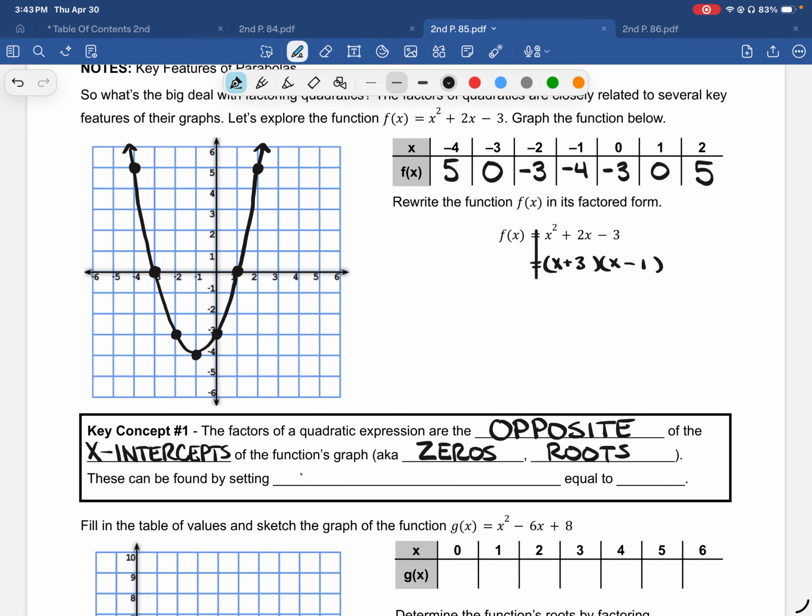This can be found by setting each factor equal to 0, which is why it's called zeros.